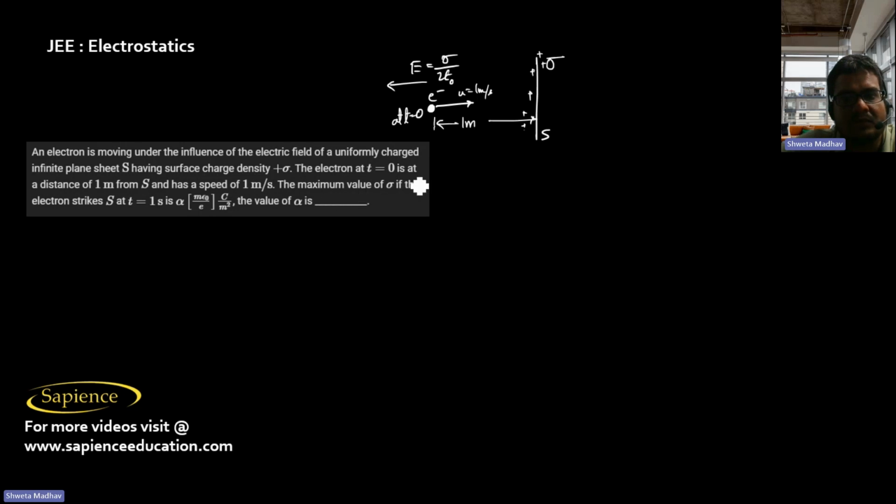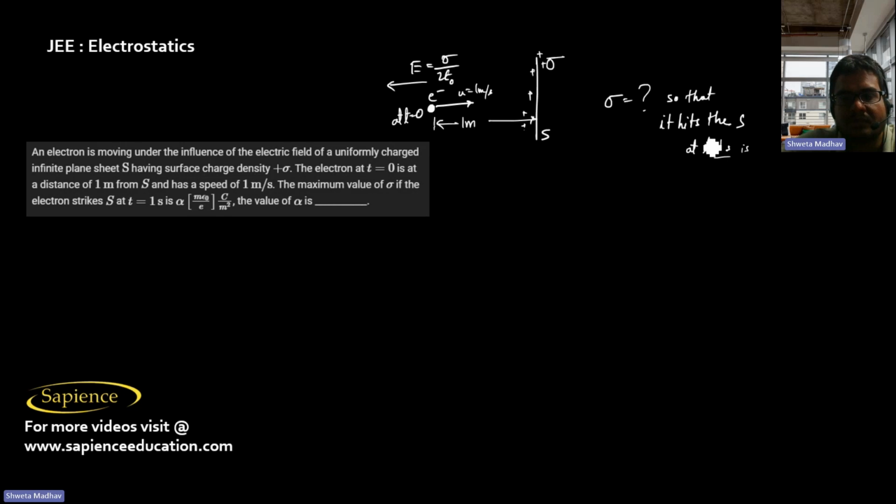The maximum value of sigma, if the electron strikes it at t equal to 1 second, is what we have to find out. So what should be the maximum value of sigma so that it strikes the plane sheet S at t equal to 1 second?